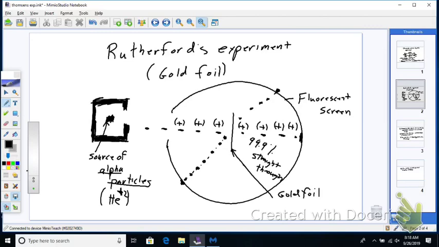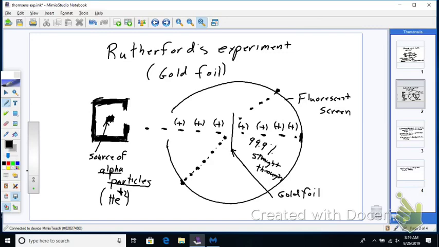So we see three things, that there's something positive in the gold foil, it's deflecting it. What do we call the positive thing in the atom? Proton. Okay? And we know that the atom is mostly empty space, because there's a big gap between what we call the nucleus and the electrons.